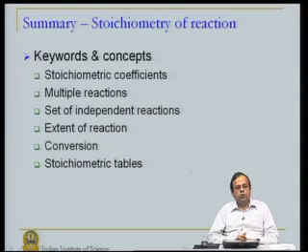So, we have the rank of the stoichiometric matrix telling us the number of independent reactions, and then we defined two ways in which we can monitor the progress of the reaction, namely extent of reaction and conversion, and finally how we put all this information together to develop stoichiometric tables, so that we can eventually use them in our design equations. So, this is as far as the stoichiometry is concerned.